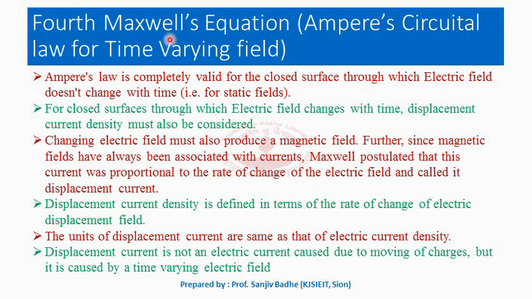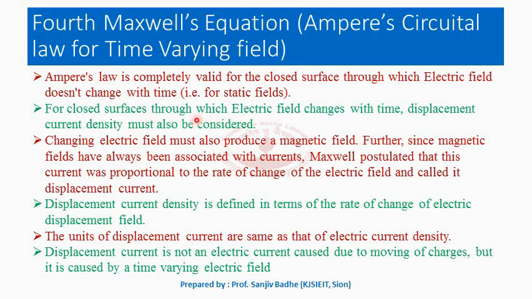The Maxwell's fourth equation that we discussed in the last slide was for static fields, that is the electric field which is not changing with time. But what if the electric field changes with time?